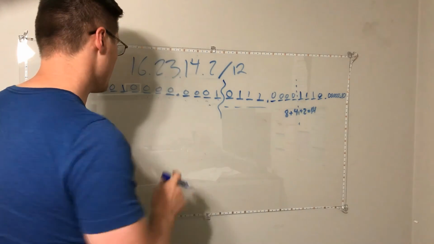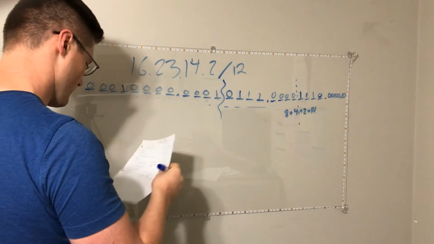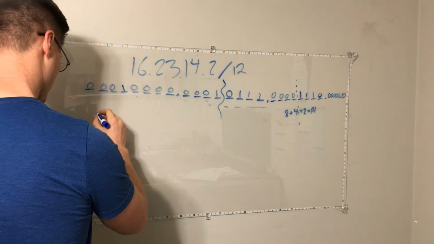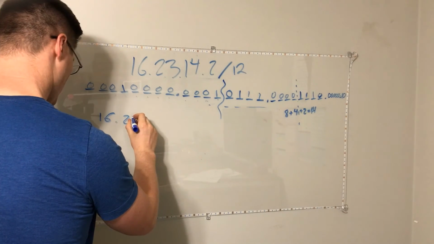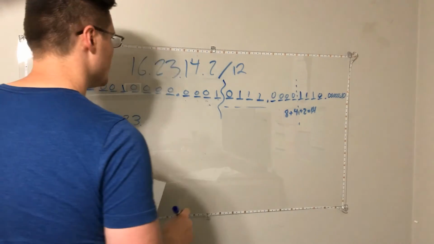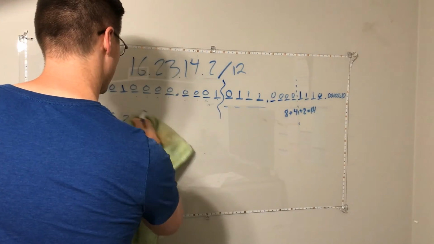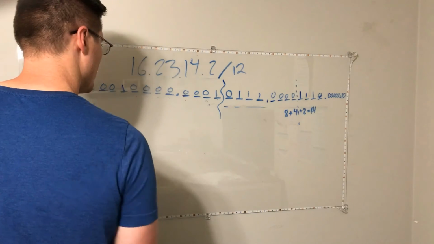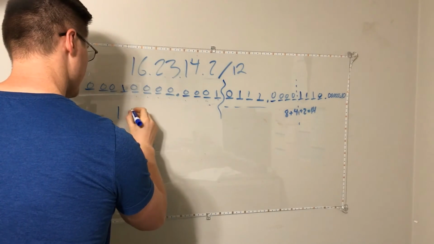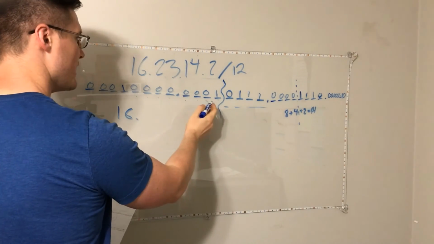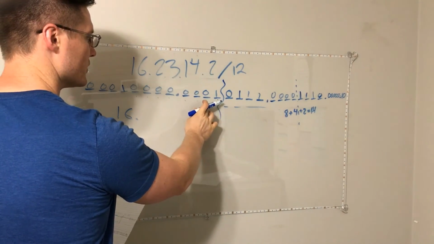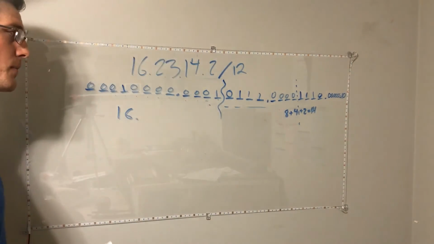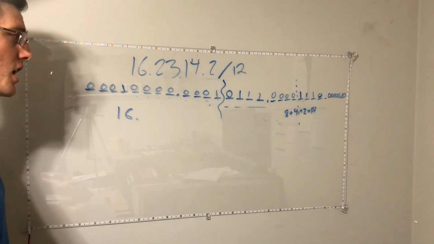So in this scenario, let's start over. Where you have 16, you determine how many are left over on the left side of your subnet mask for that particular octet.